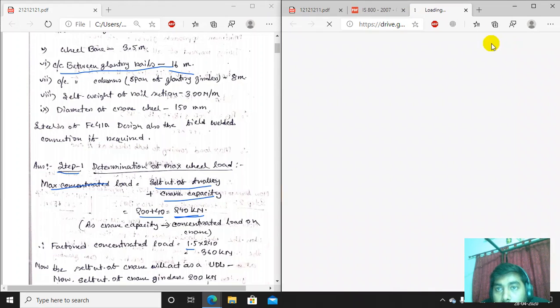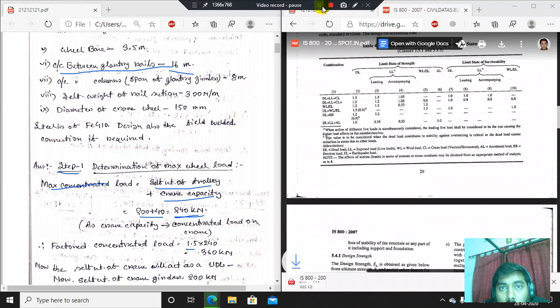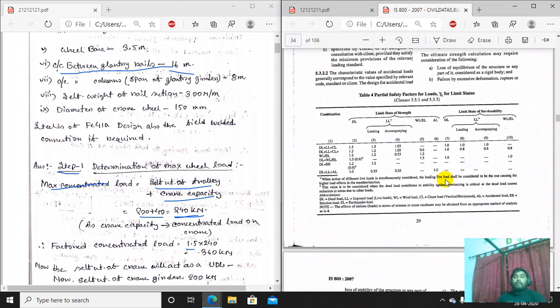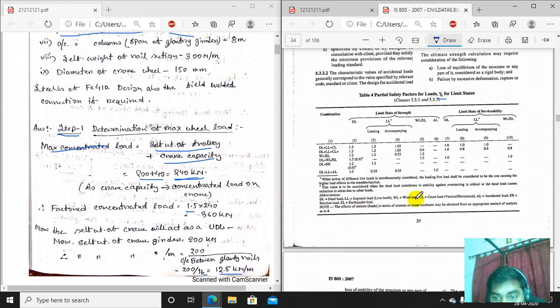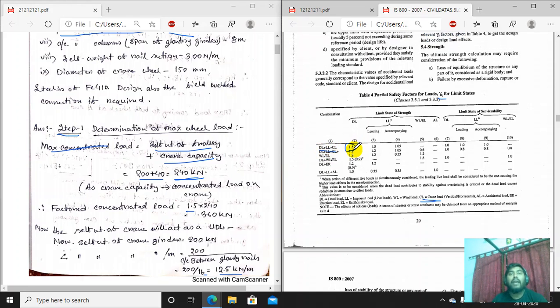In table number 4, there is the load factor gamma F that you see. Here the crane load is considered, so CL is the crane load. For DL plus LL plus CL, the factor is 1.5. Now the load is acting as a dead load, so we take 1.5 as the load factor. Taking the load factor as 1.5, this is the factored concentrated load.